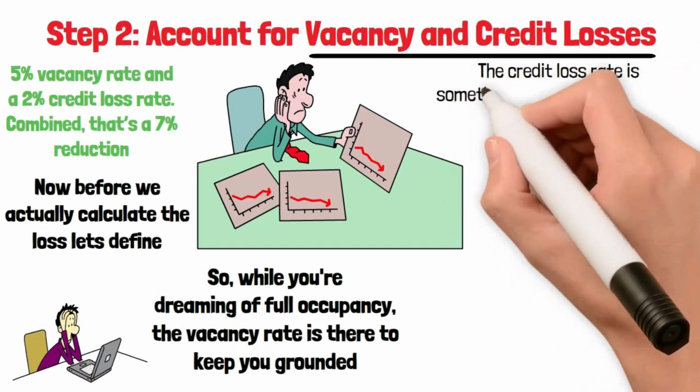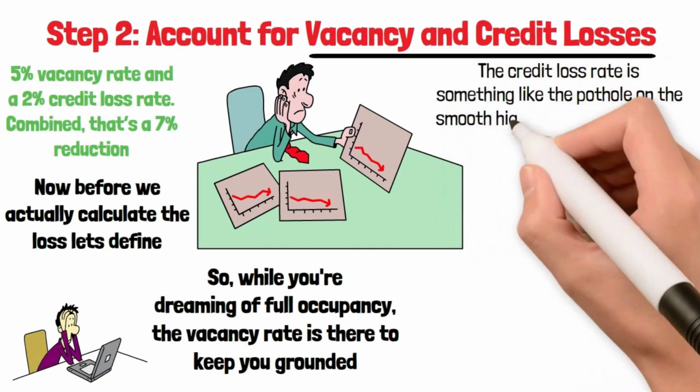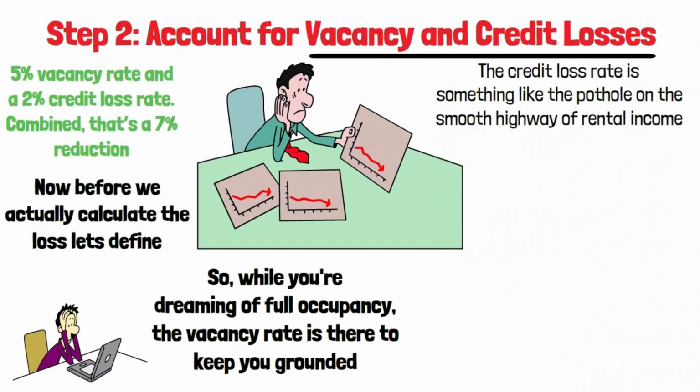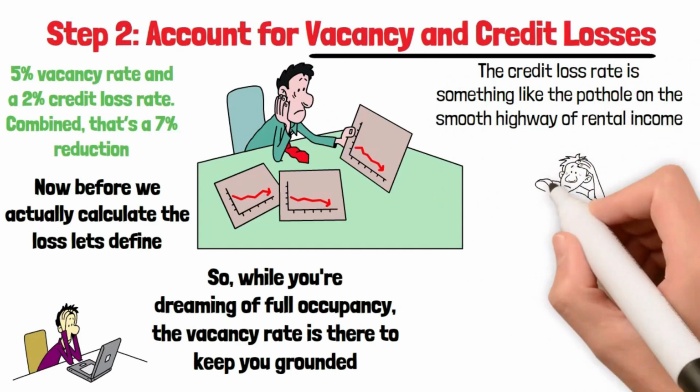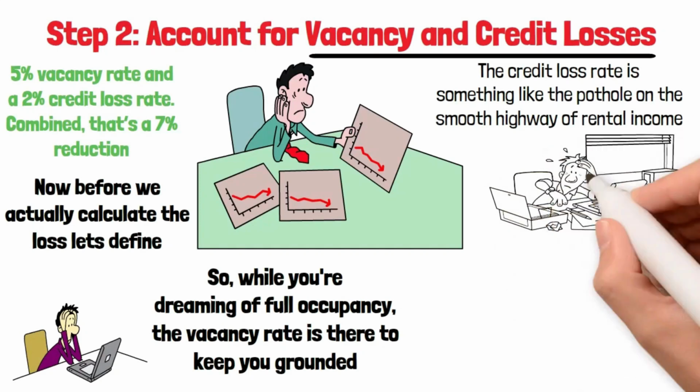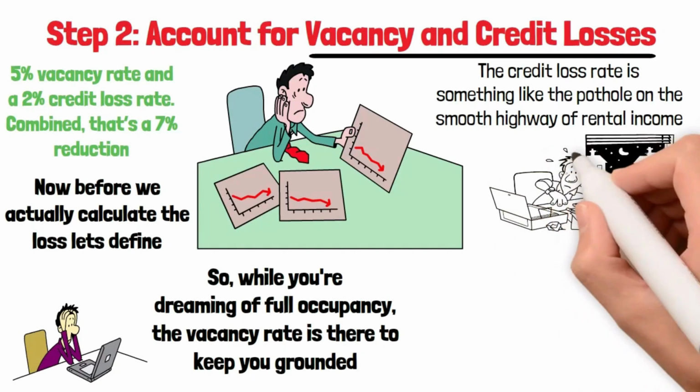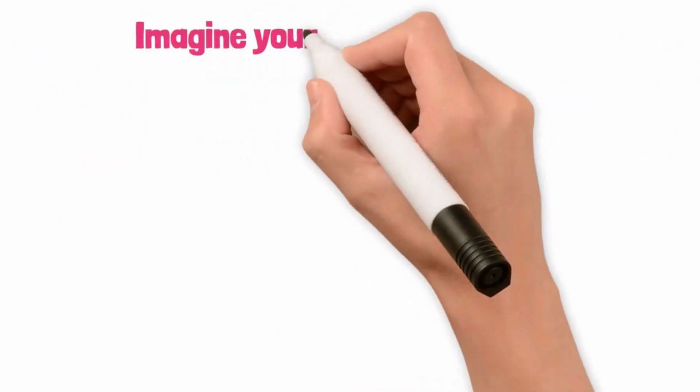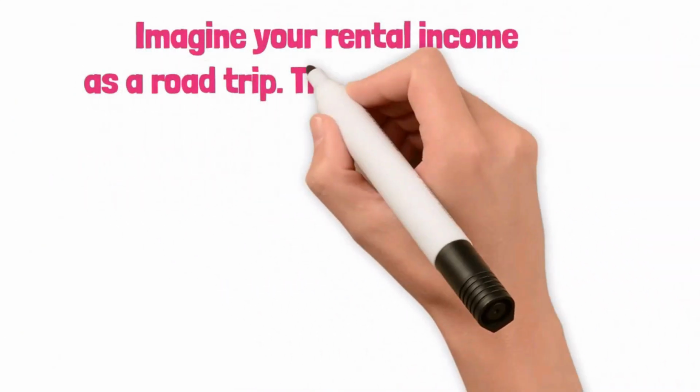The credit loss rate is something like the pothole on the smooth highway of rental income. This is the percentage of rent you expect to lose because some tenants can't keep up with their payments. Imagine your rental income as a road trip.